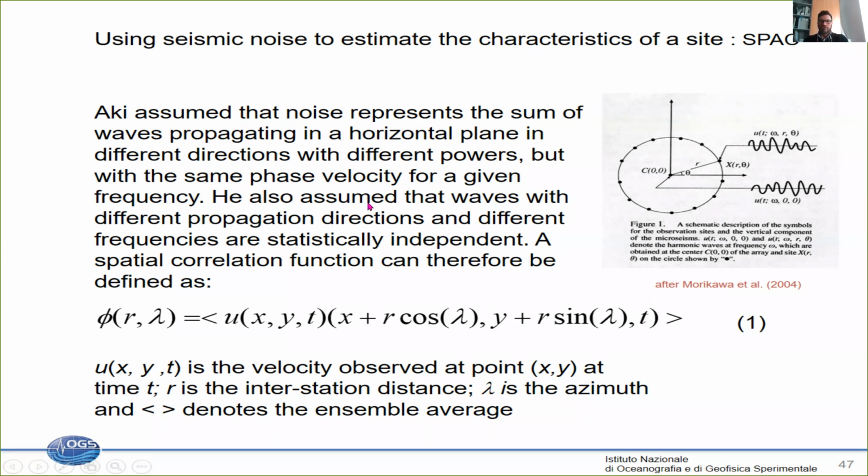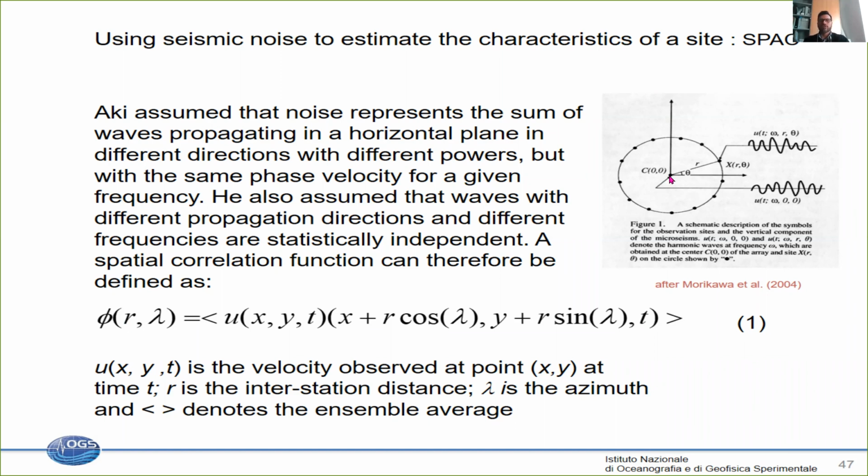He also assumed that the waves coming from different azimuths, and maybe even with different frequency contents, were statistically independent. So each one was generated by a different source, activated at a different time. He defined a spatial correlation just as a function of the distance between the two sensors.